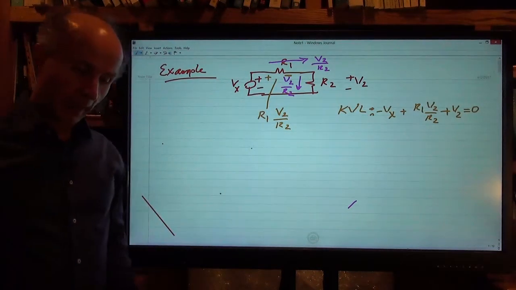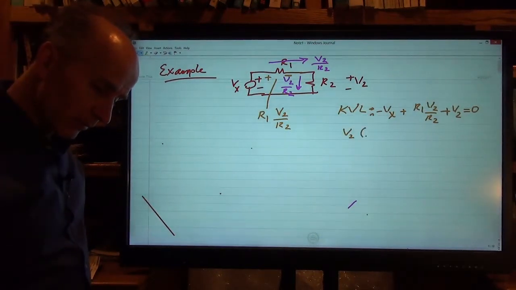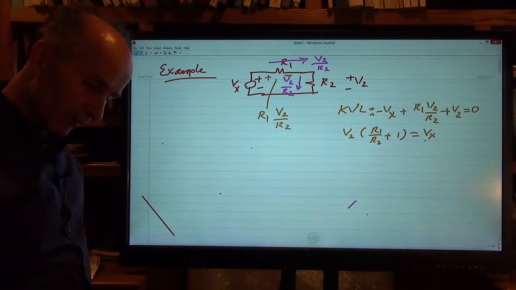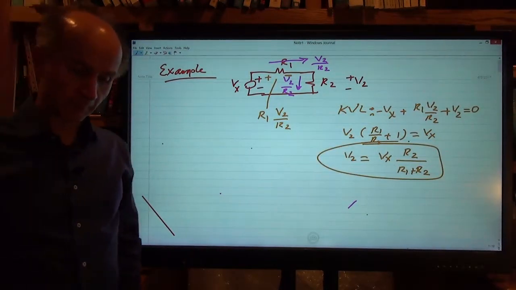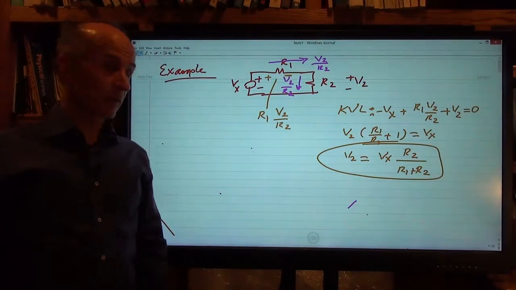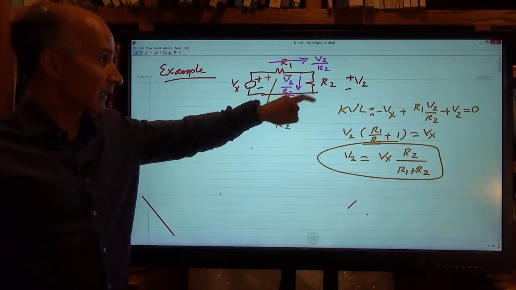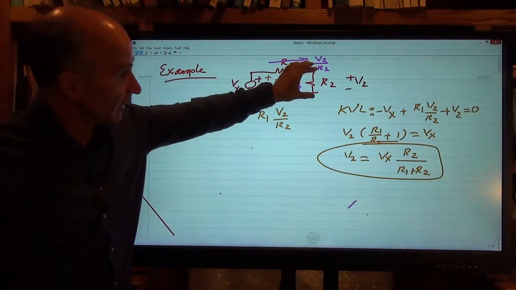Okay, so now we were looking for V2, and you can see that in this case, V2, if I factor it out, is equal to Vx times R2 over R1 plus R2, right? So this circuit is actually an interesting circuit. I apply the voltage here, and I get a voltage here.